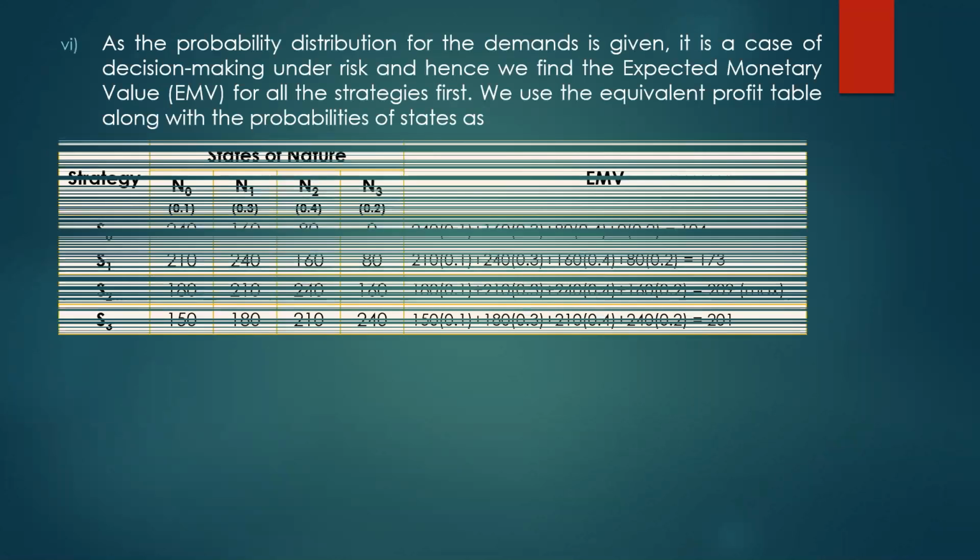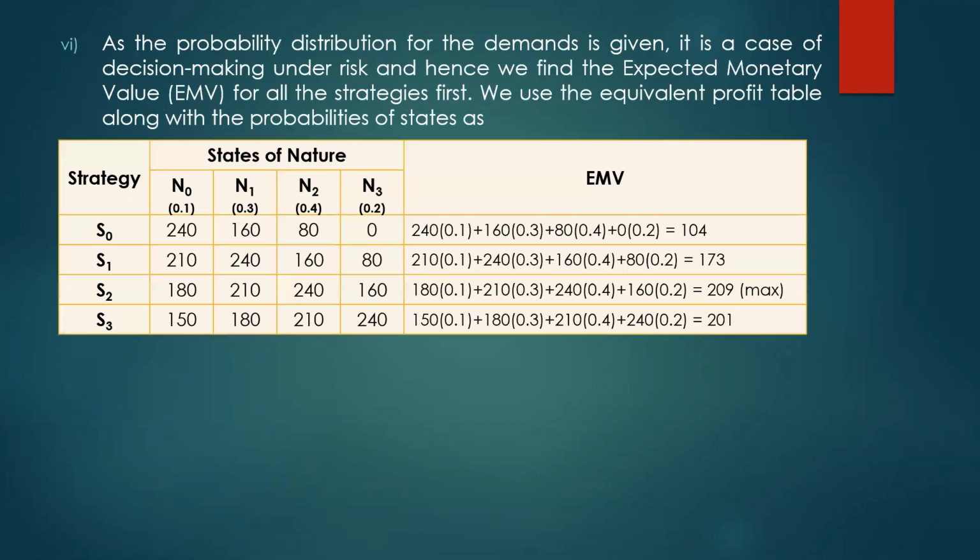Use these probabilities to calculate your EMV, and the one which is the maximum value is S2 again, which is 209, and will be my optimum strategy using this particular technique.